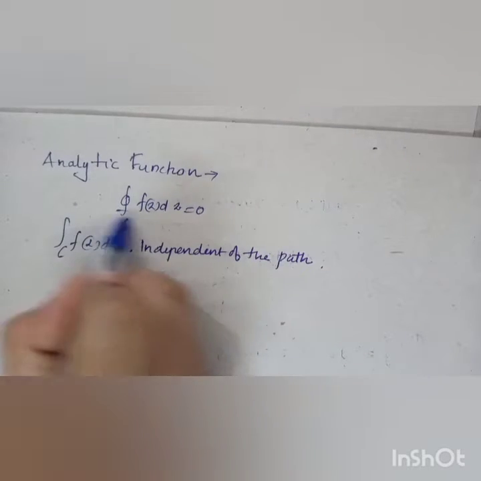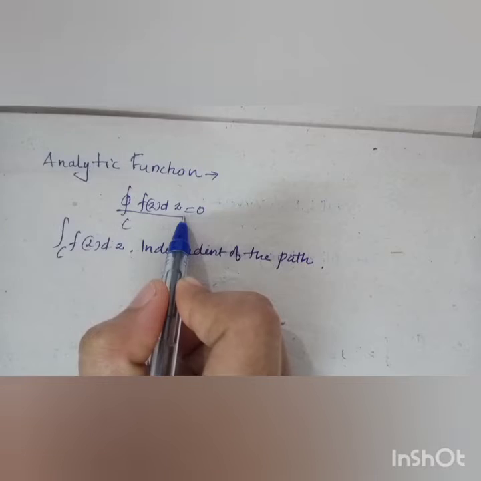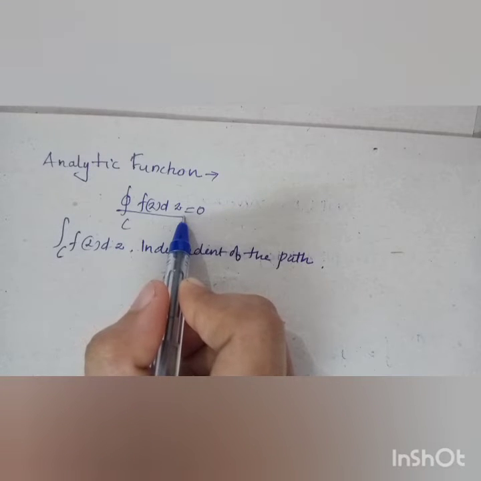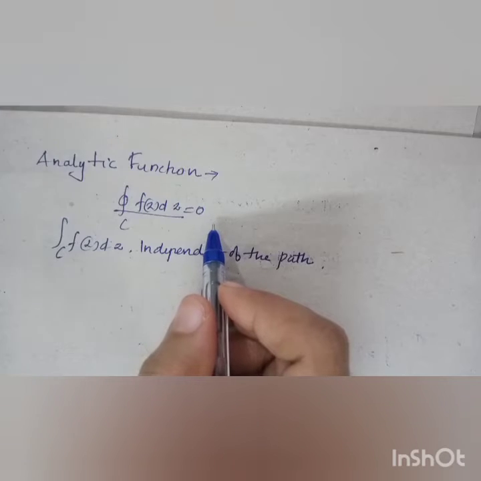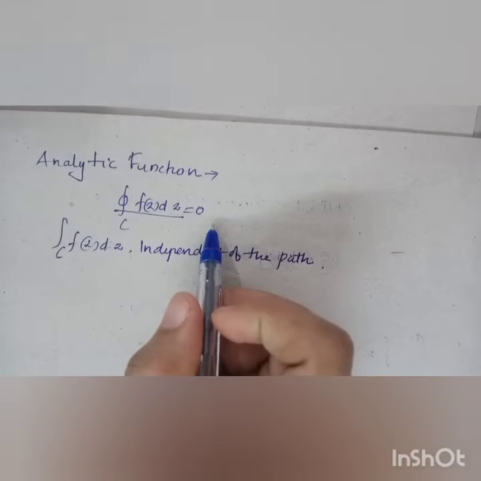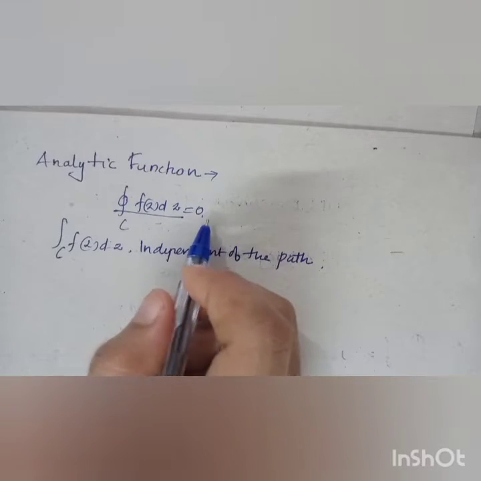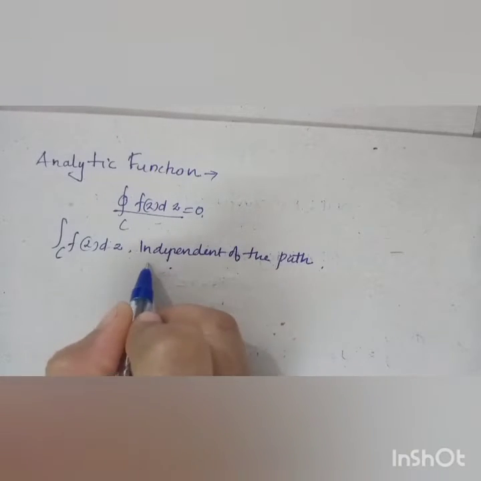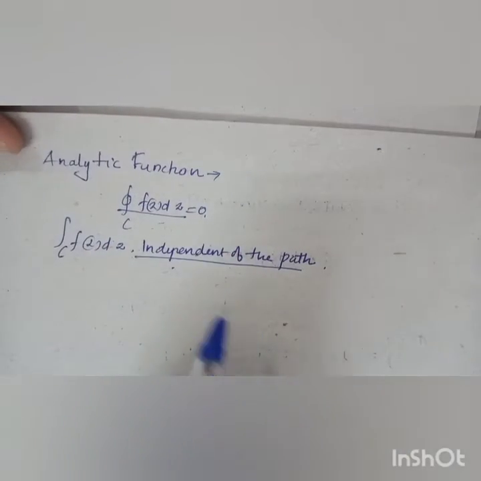So if it is closed, you know that for an analytic function, the closed integral f of z dz is equal to 2 pi i summation over residues. So for an analytic function, the residue is equal to 0. That means the closed integral f of z dz is equal to 0 for an analytic function. But if it is open, it is independent of the path. So these 2 points you have to remember.